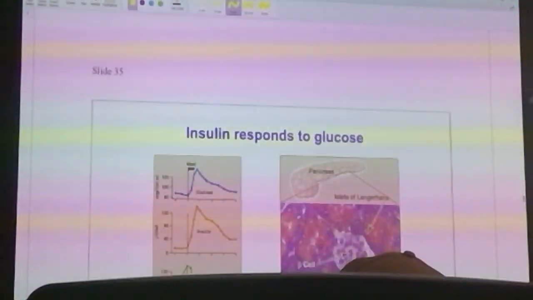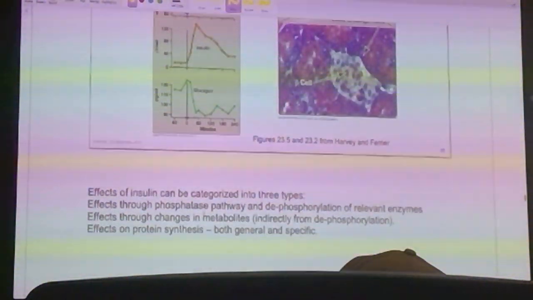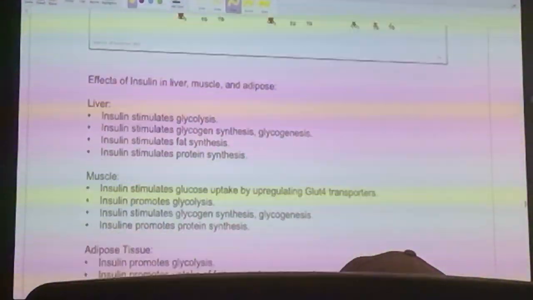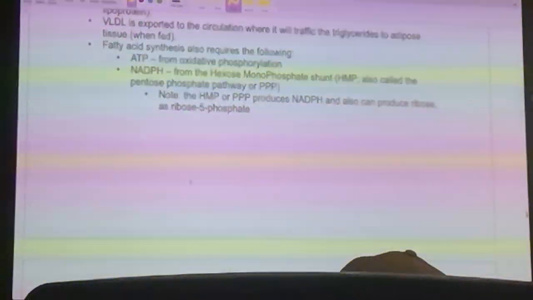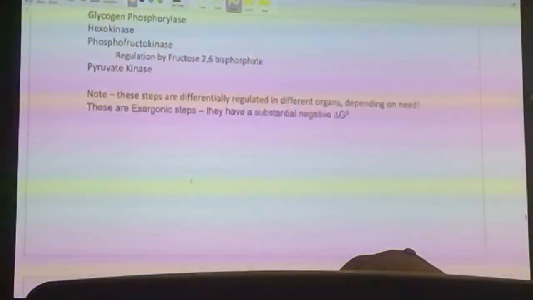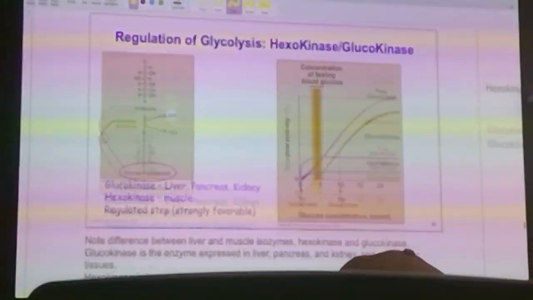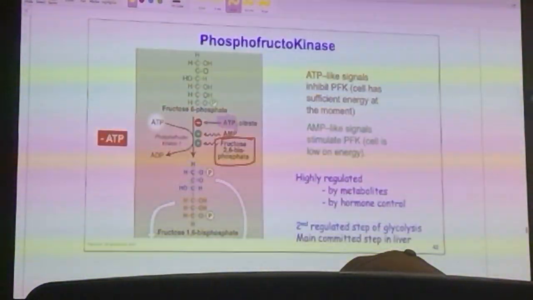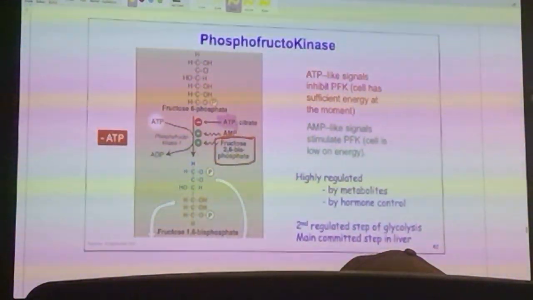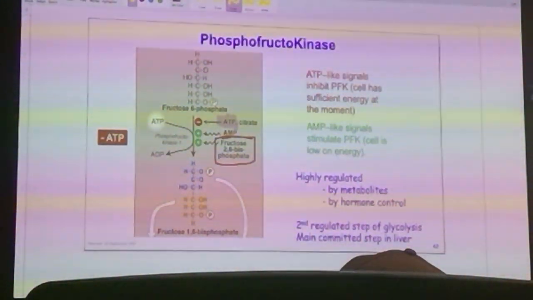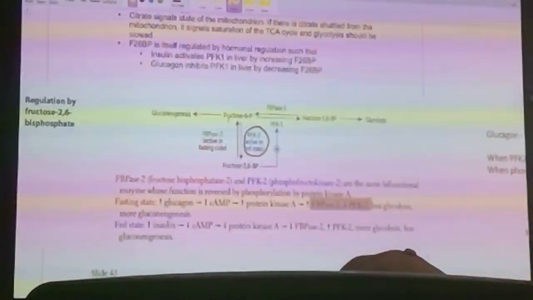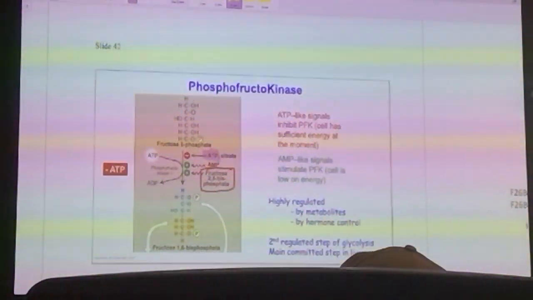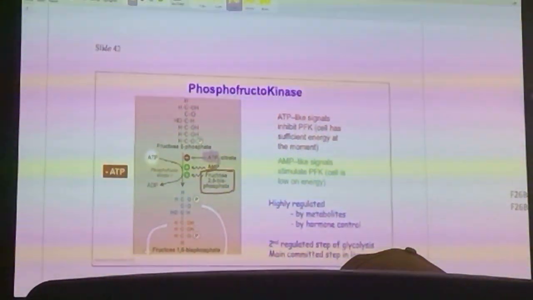Insulin promotes glycolysis. So you have to understand fructose 2,6 bisphosphate.